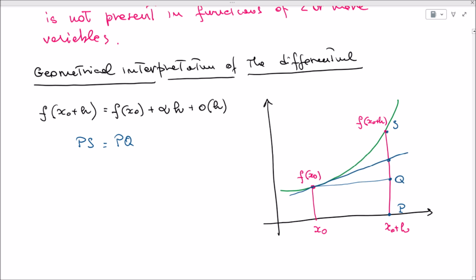So there we go, we have another point R, and we say that alpha h is nothing else than QR. Yes, because basically alpha is the slope of the line tangent at the point x naught. We know that the increment is h, so if we multiply h by the slope we get exactly the segment QR. So finally, we have our S.